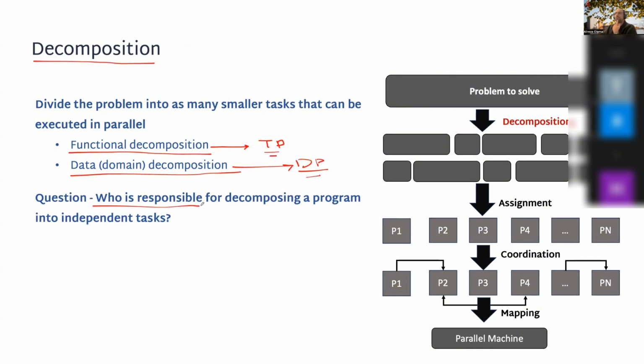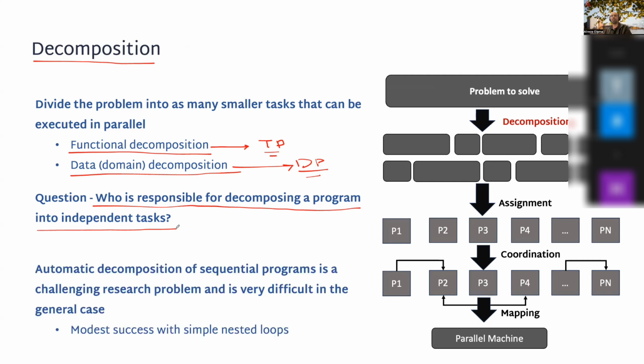So who is responsible for decomposing a program into independent tasks? We don't have an automatic decomposition method that receives the problem and automatically decomposes it into different tasks. It is a quite challenging research problem.